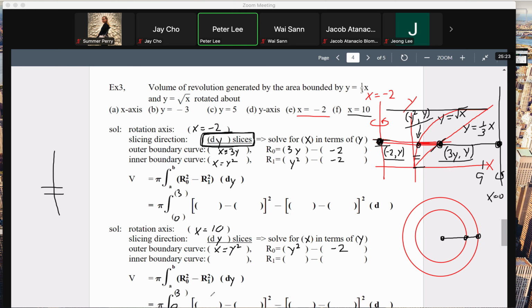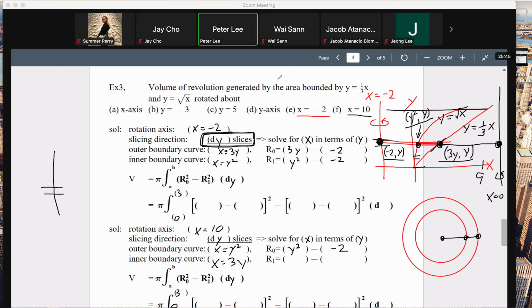Inner boundary curve is going to be what? Over here. This is x equals... inner boundary curve is this guy right here. That's right. So the inner boundary curve is x equals 3y. So what is now the inner radius? Wait, am I doing this right?